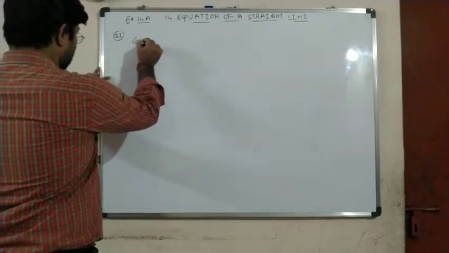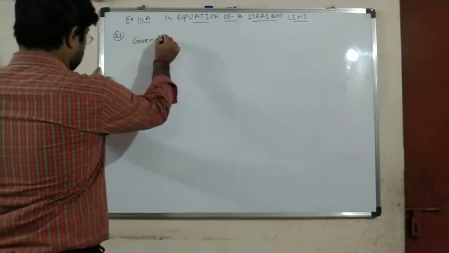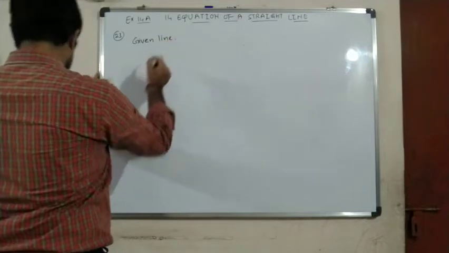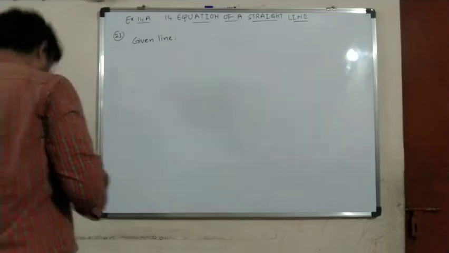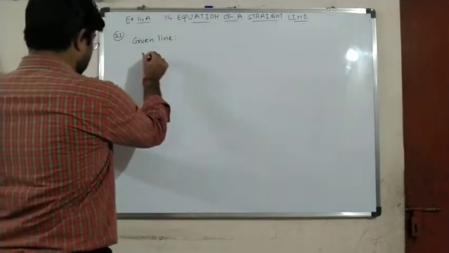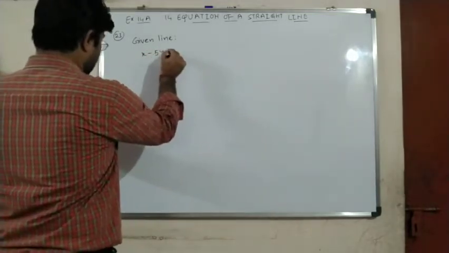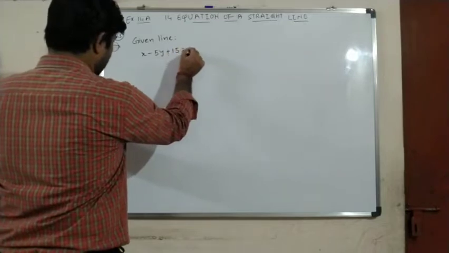Equation of given line is x minus 5y plus 15 is equal to 0.